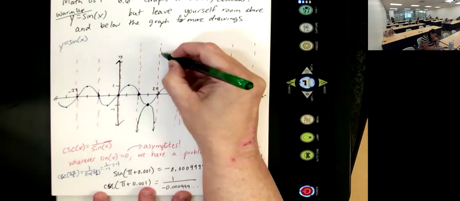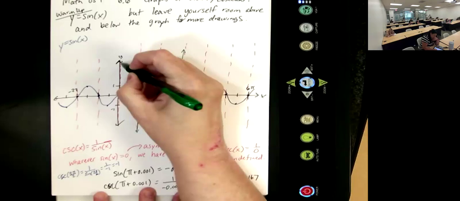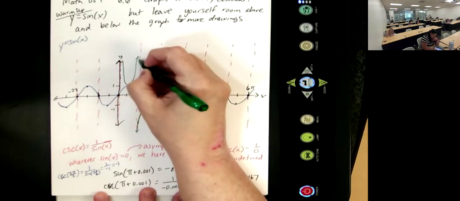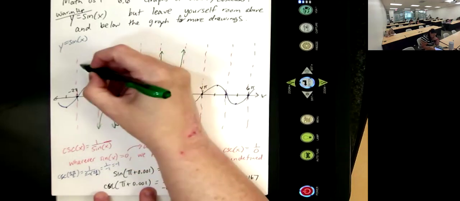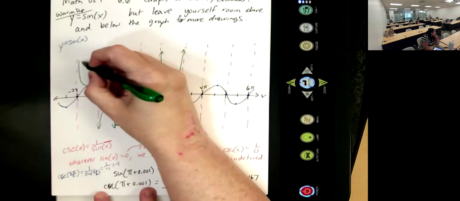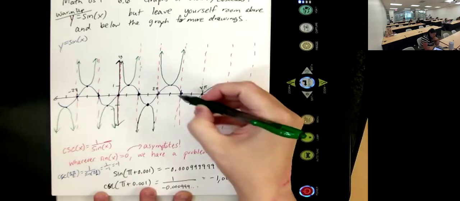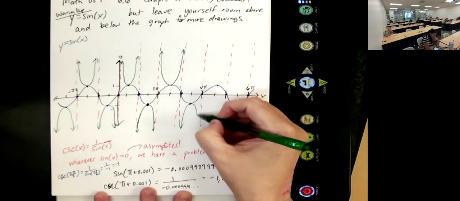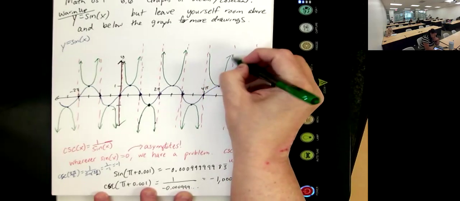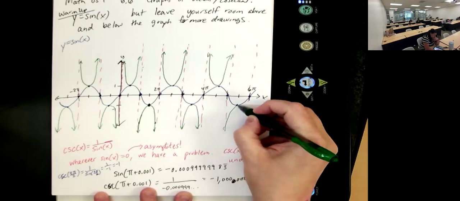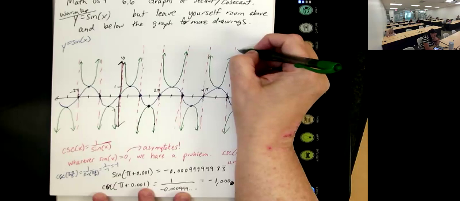So above the graph, it's doing something like this. And below the graph, it's going away. So the green is cosecant x.